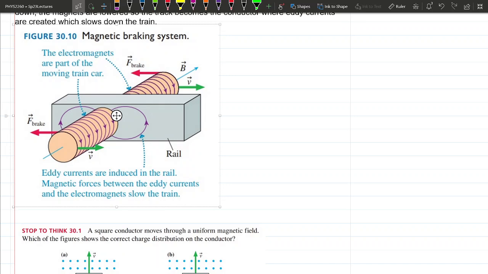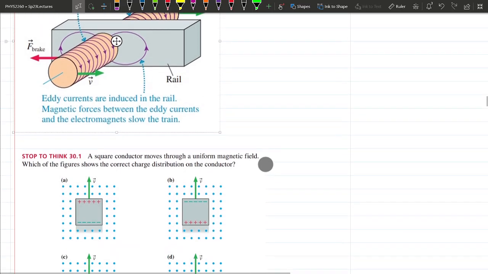Okay? And you can actually calculate this if you take the more complicated upper division physics class where you have to do three-dimensional calculus, because the forces you actually have are due to these fringe forces that are coming out. Okay? But that's the idea. It's the same idea, but just a more complicated calculation than a railroad braking system.